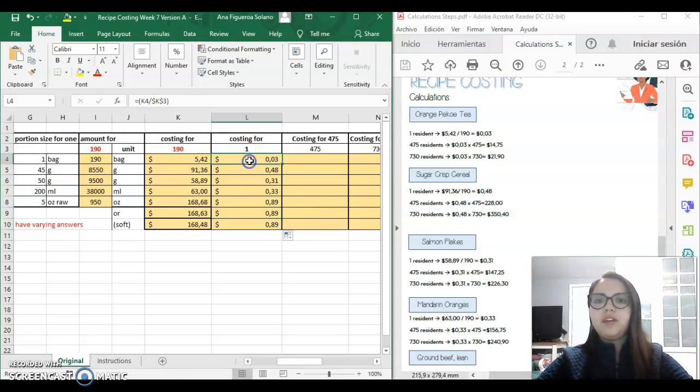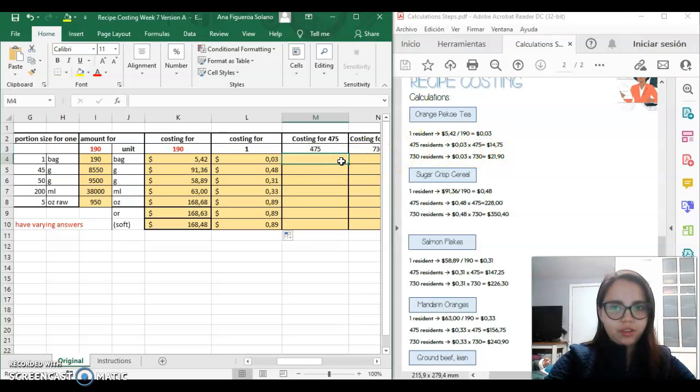We're going to have to edit this formula, and I'm going to show you why. If we multiply this 0.03 by 475, we should have a result of $14.75. So let's try that.